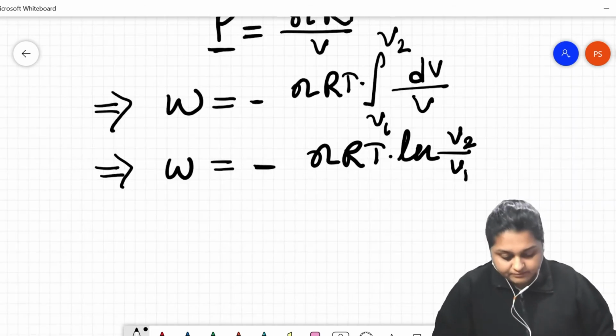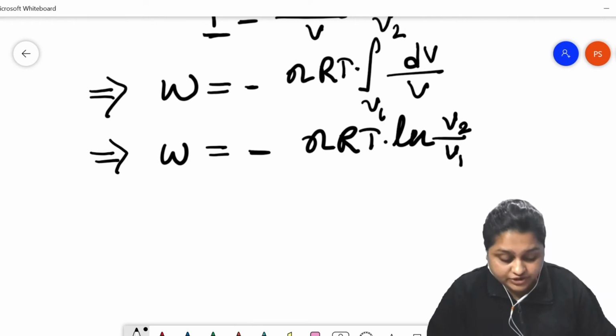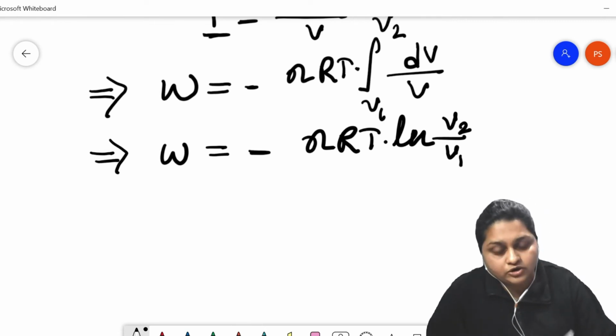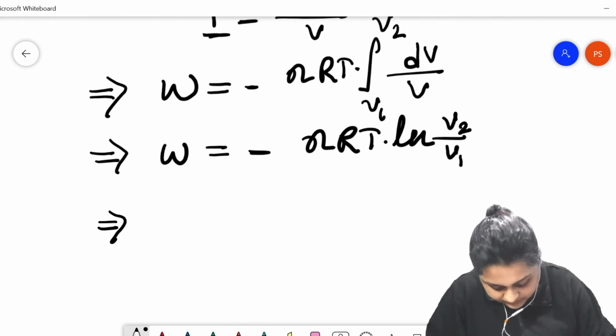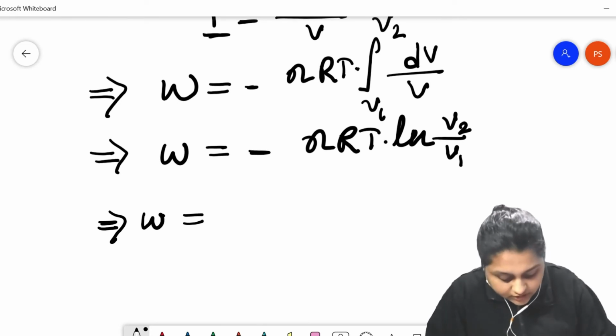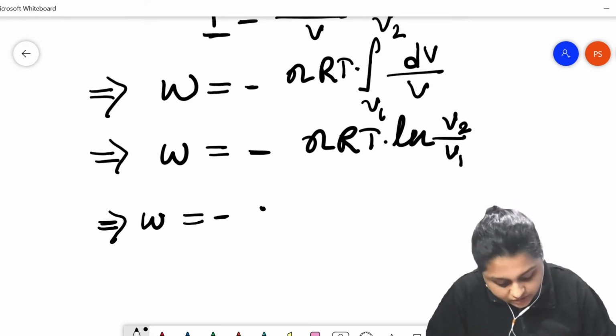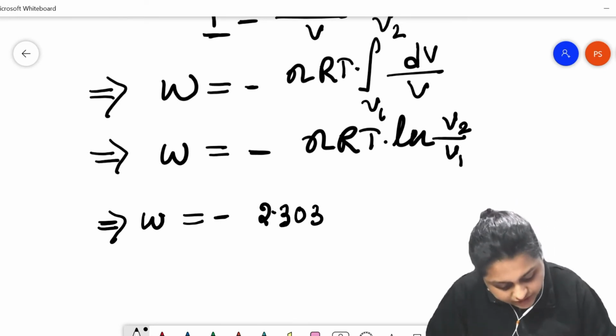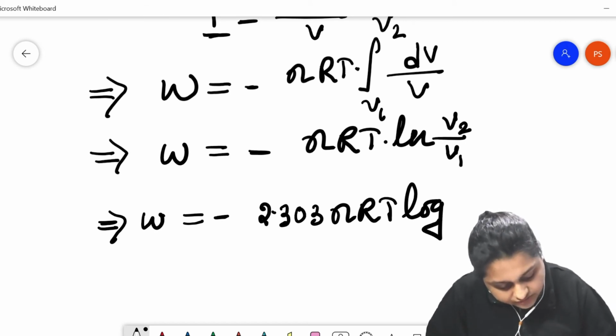By multiplying by 2.303, we can transform this ln to log, so total work W equals minus of 2.303 nRT log of V2 by V1.